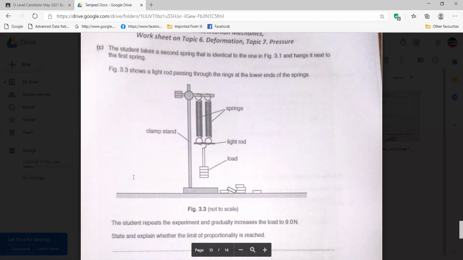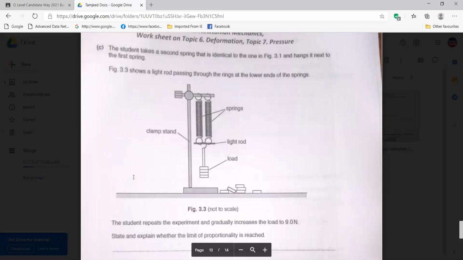So how much load does each of the springs get? Two springs are getting 9. So this load is shared, the way it is hanged from there.